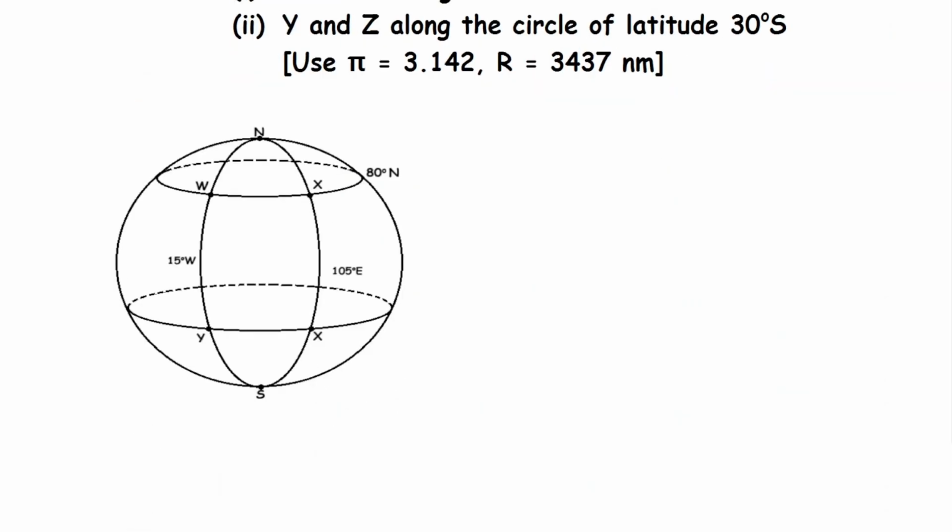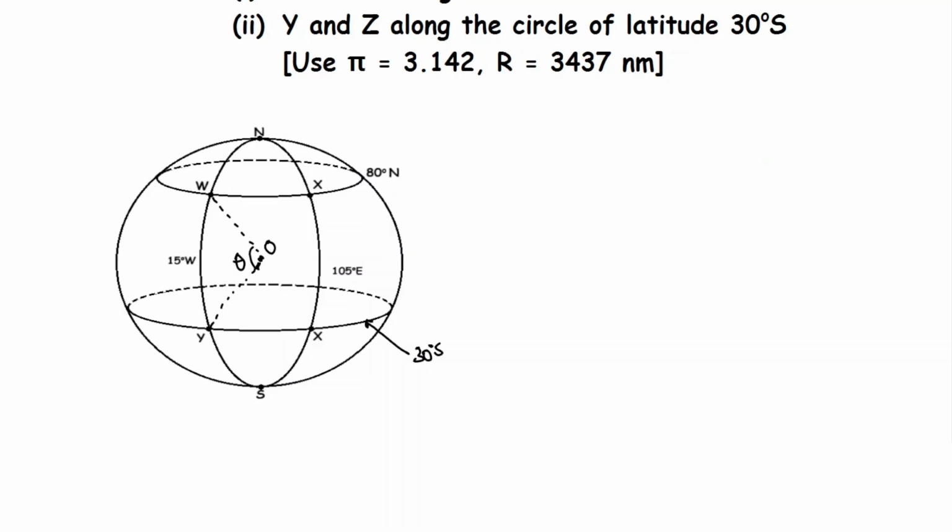So what we have to do, I have a diagram here for us to work on. Remember, this one is in the southern hemisphere, 30 degrees south, meaning the Earth's center is somewhere here. We can call it O. We extend a line at the center, and we call this difference theta.